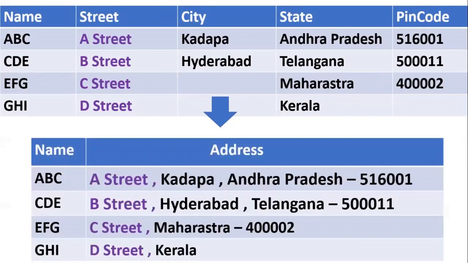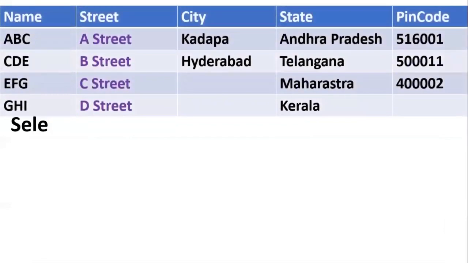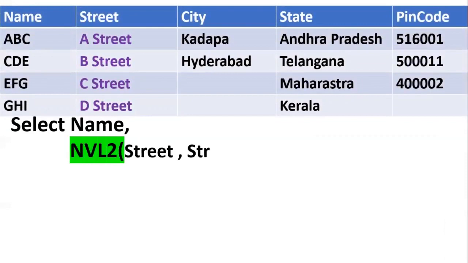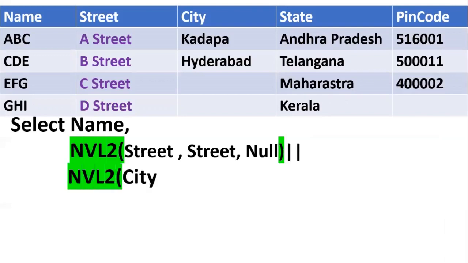To handle this situation, we'll use NVL2. We know that NVL2 is used to handle null as well as not null values. If the first value is not null, it will pick the second value. If the first value is null, it will pick the third value. For the first value, we have the value, so it will come as the state. For the first two records, there would be no issues.